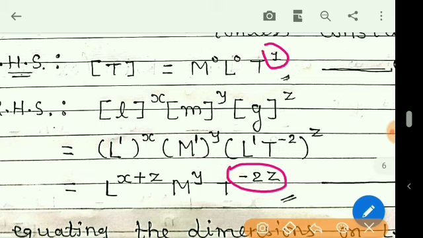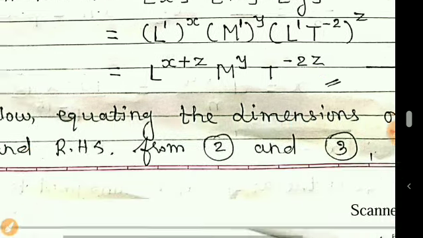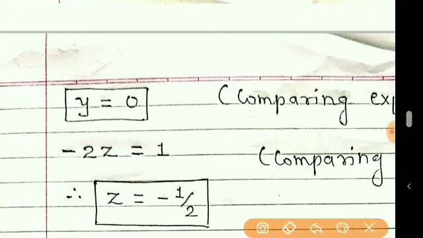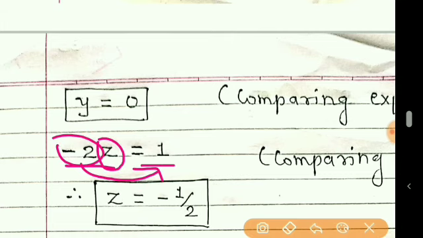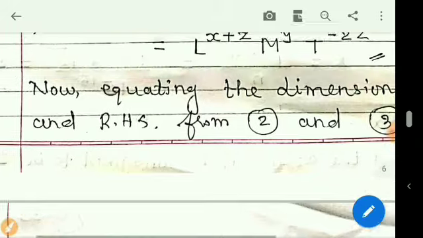So comparing we get minus 2z is equal to 1. Then making z the subject, we bring this minus 2 towards the right hand side. So finally we get z is equal to minus 1 by 2.